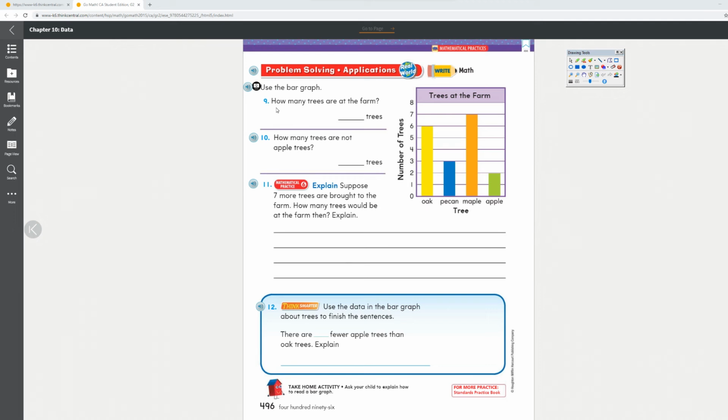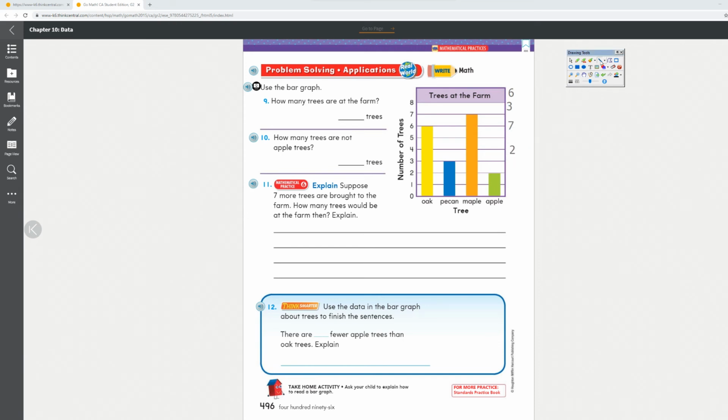So for number 9, how many trees are at the farm? That means we're going to have to count all of the trees together to get the total amount that there are at the farm. So let's go ahead and write down each number. We need to count oak, which is 6, pecan, which is 3, maple, which is 7, and apple, which is 2.